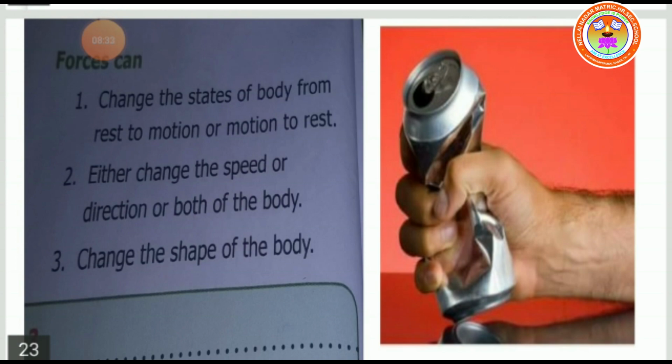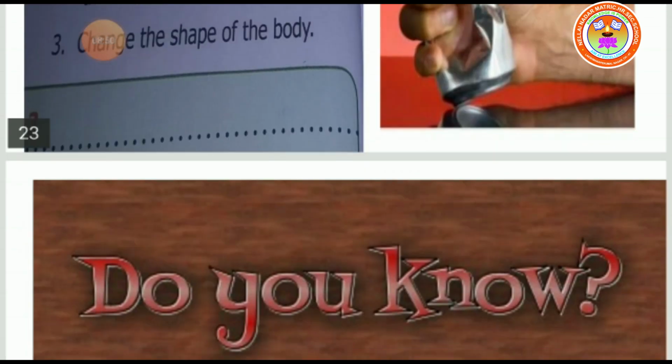So force can change the state of a body from rest to motion or motion to rest, change the speed or direction or both, and change the shape of the body.